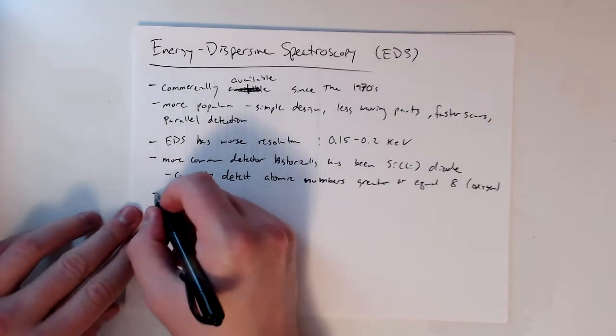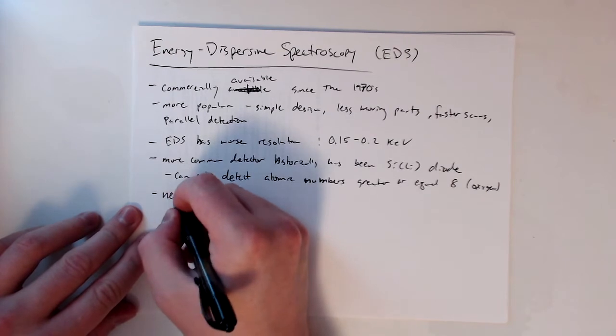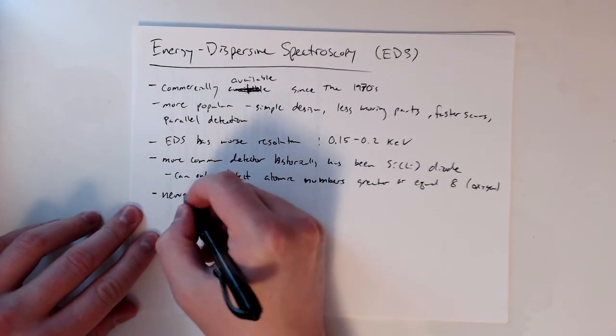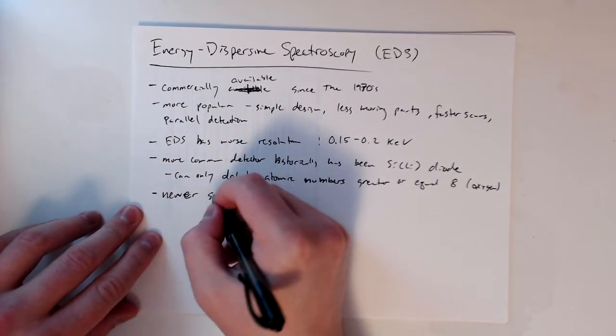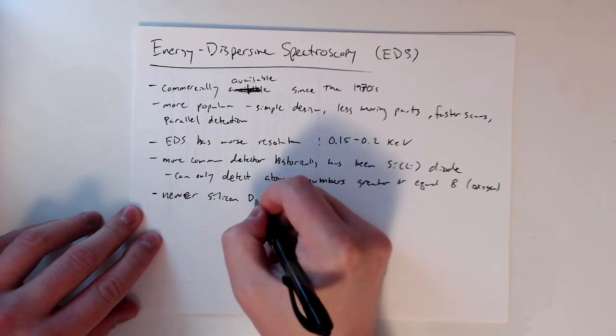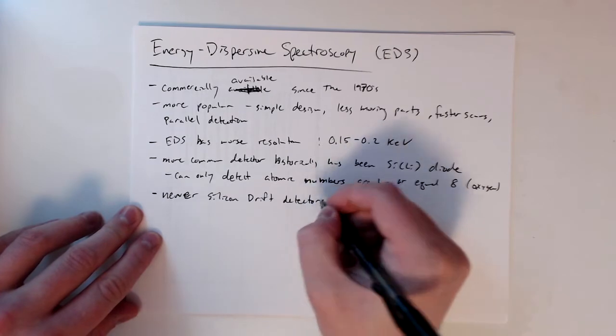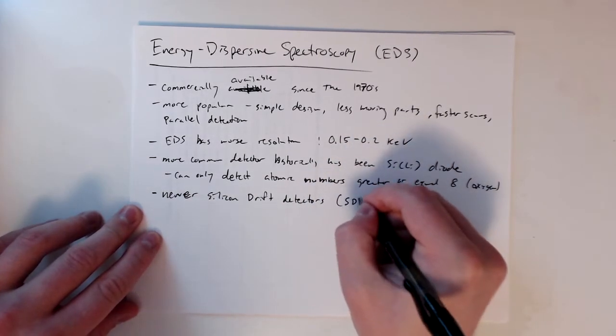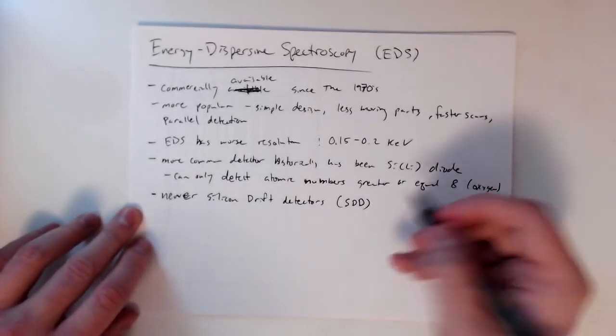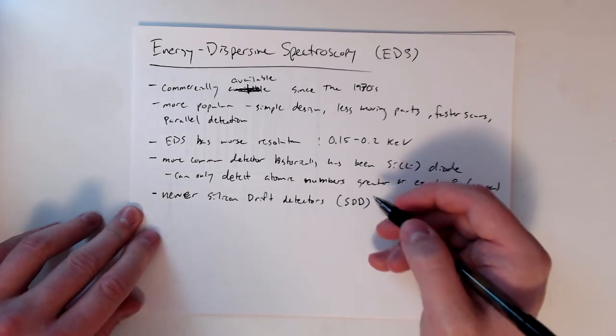However, there are newer detectors, what we call silicon drift detectors. So these are called SDD. So if you're looking at a product and you see SDD, that's silicon drift detector.